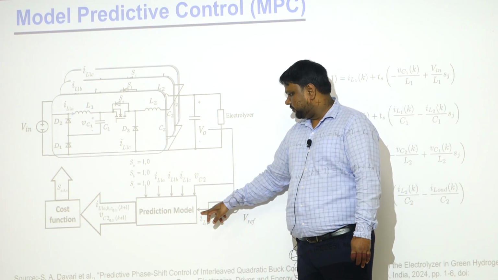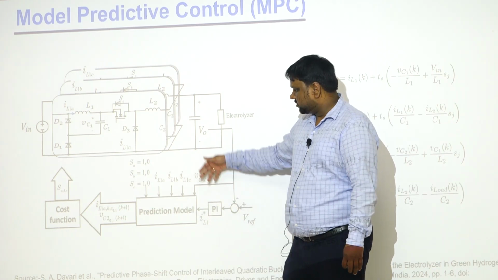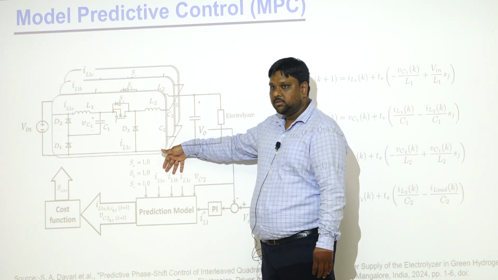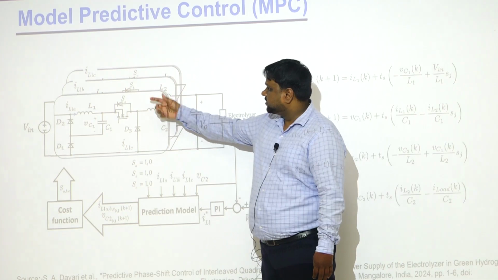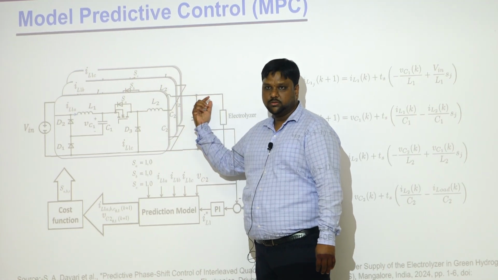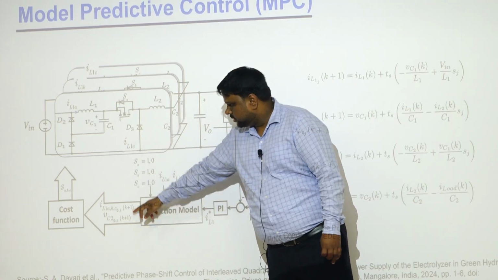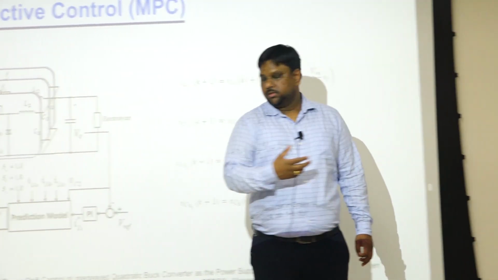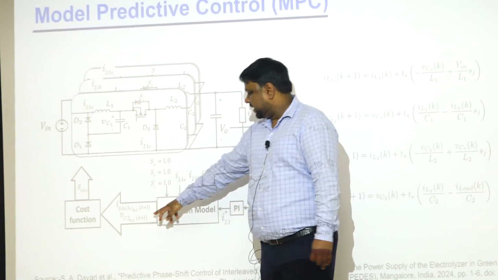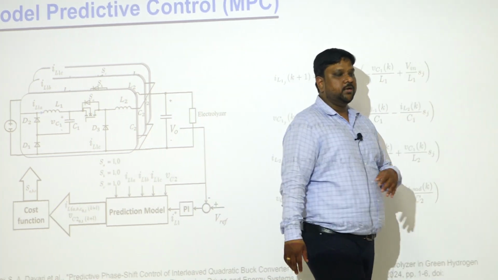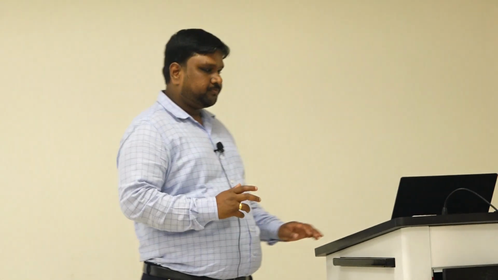Now using this current reference and some system parameters, this ILA, ILB, ILC is passed through each parallel branch. Using those currents and some switching strategy, you predict the next sample of inductor current and output voltage, okay. So some kind of prediction is required, and for that prediction model, various methods are there.